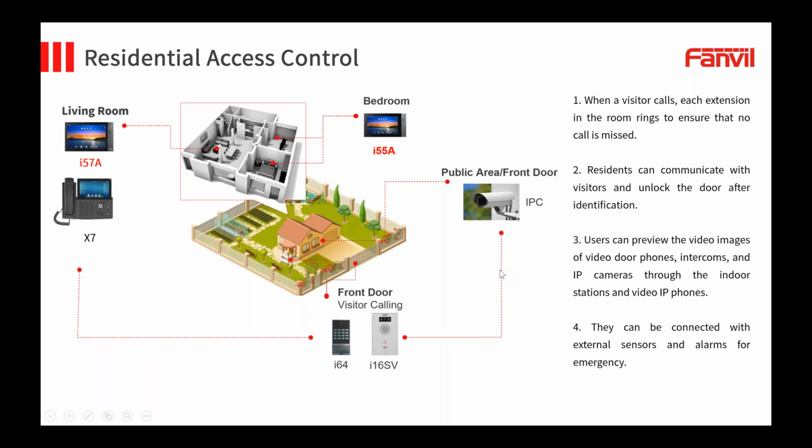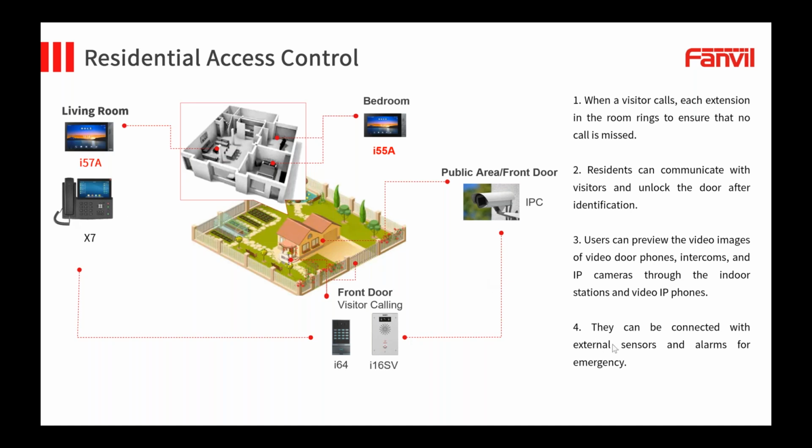And what is the highlight of this solution? You can look at here. When a visitor calls, the HD extension in the room rings to ensure that no call is missed, and the residents can communicate with visitors and unlock the door after identification. Users can preview the video images of video door phones, intercoms and IP cameras through the indoor stations or video IP phones.